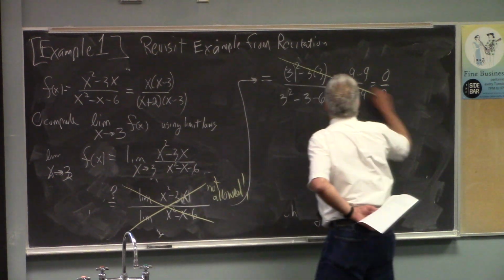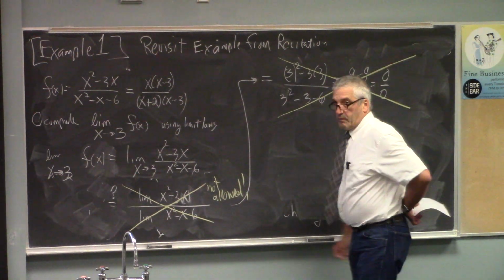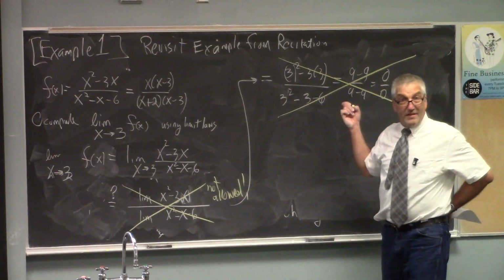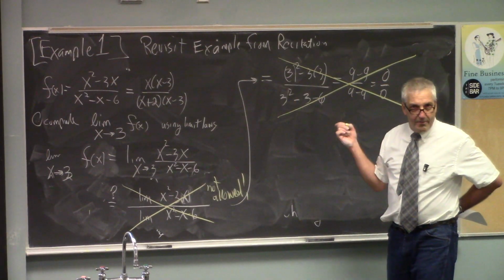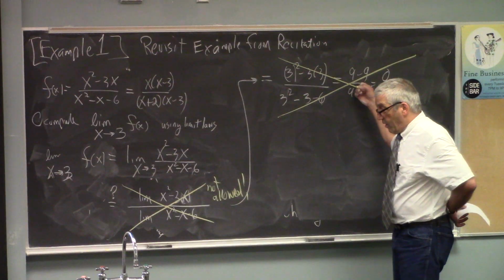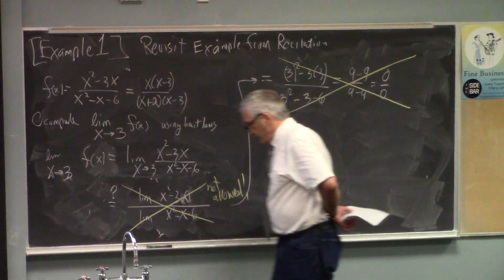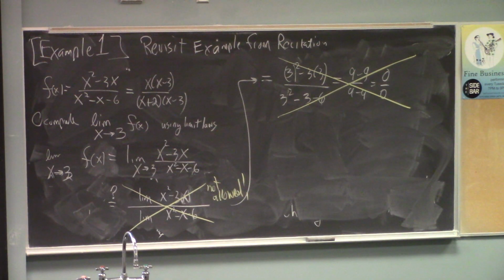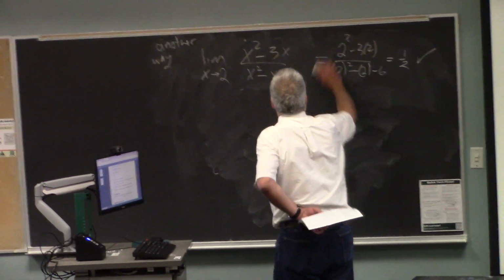We don't get to say that, if we got to an answer that's 0 over 0, that's undefined. We don't say the limit's undefined because we don't get to go here. So what do we do? We're going to try this another way.